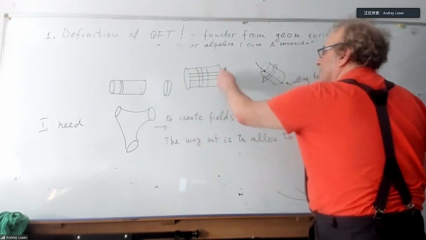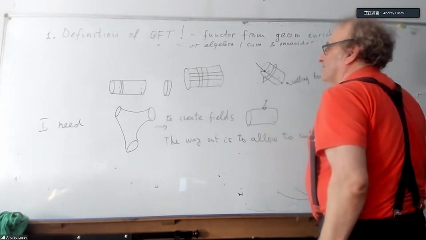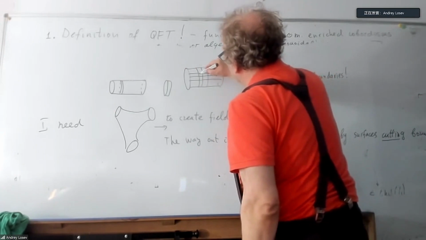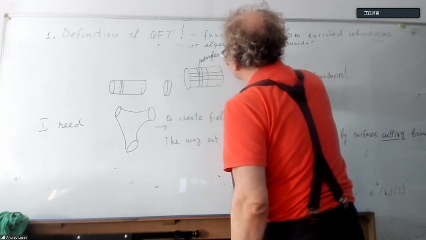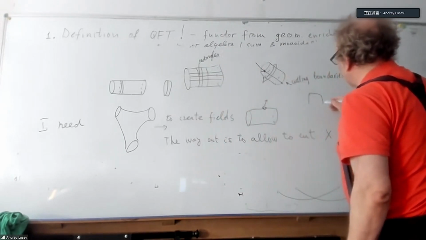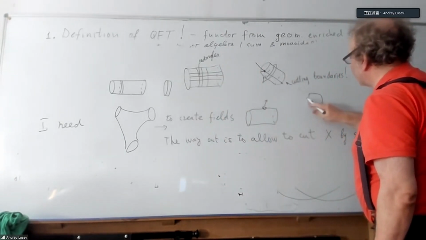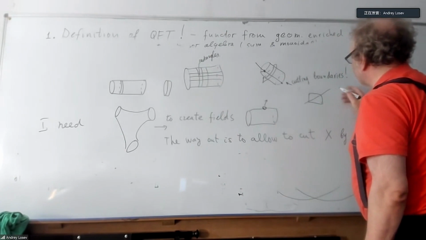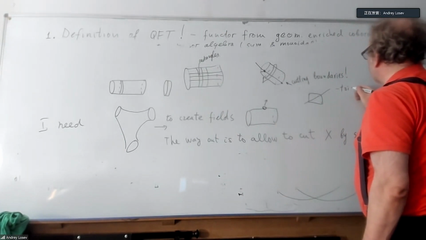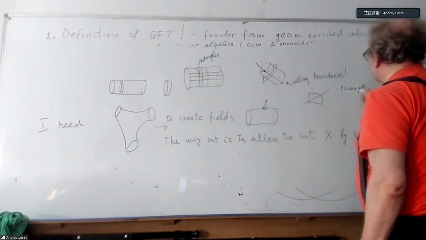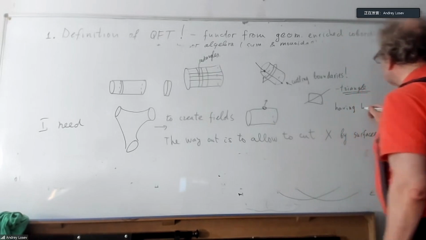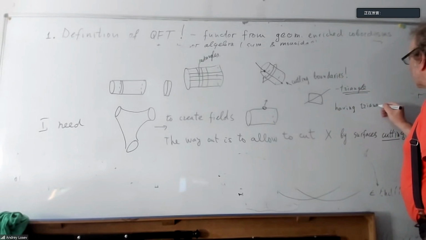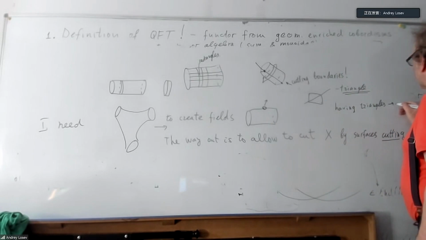I will cut, say, my cylinder into rectangles. And if I have a rectangle, I can cut it again to get triangle. And having triangle, I can get any surface.